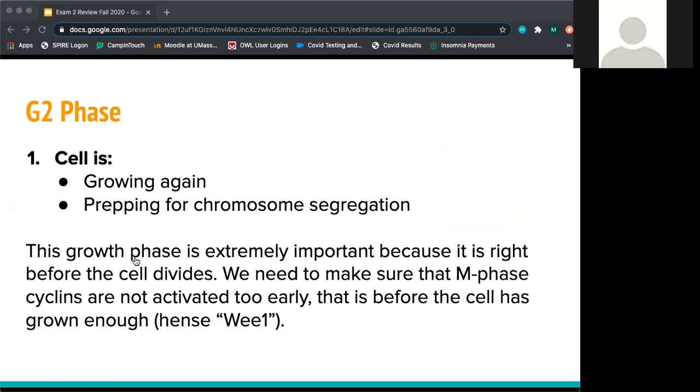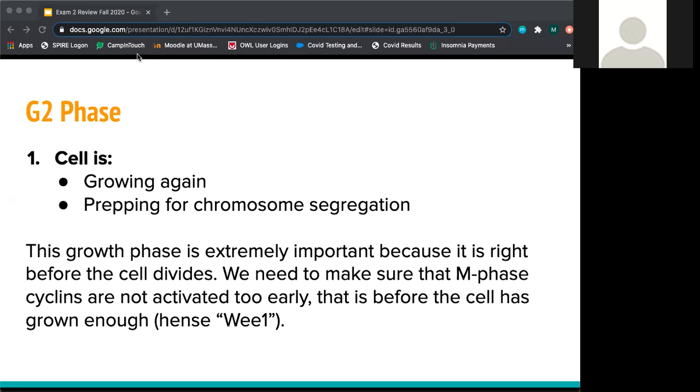So during G2, the cell keeps growing, keeps getting larger in size, getting more nutrients, prepping for chromosome segregation. So it's very important because this is right before the cell divides. So the cell needs to make sure that the M phase cyclins are not activated too early because the cell might not be large enough to be able to have that segregation yet.